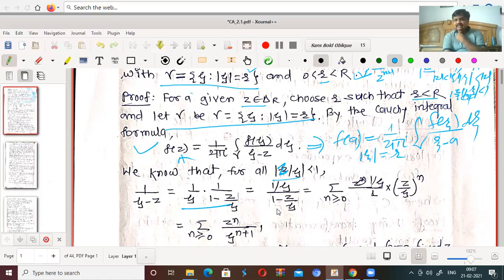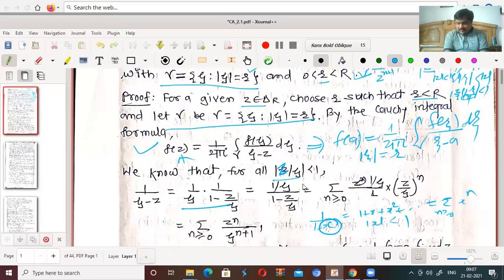And we can write this in the form of a power series expansion, like 1/(1 − x) = 1 + x + x² + ..., where |x| < 1. That we have, which is the summation over n ≥ 0 of xⁿ.